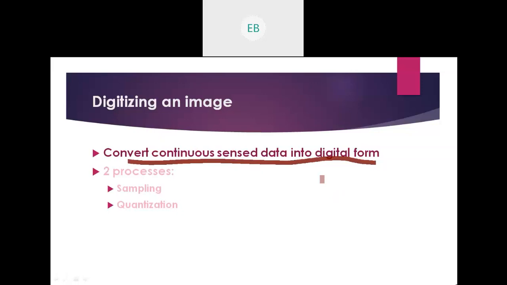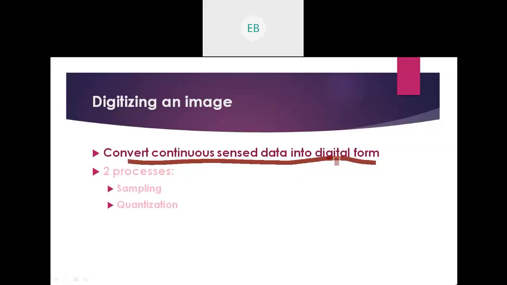When we capture an image through some lens or camera or whatever system, we get that signal as an analog signal.